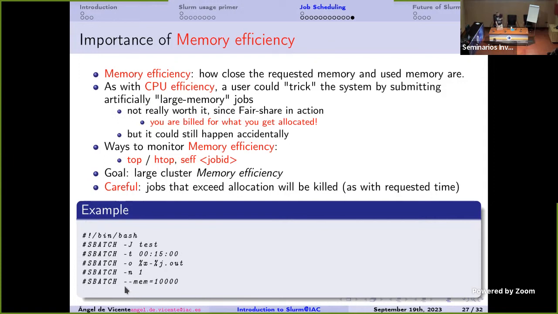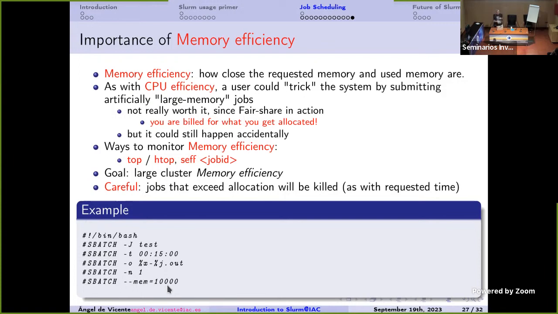But just asking for memory is very simple. In this case, for example, the only thing you have to do is to add this mem, okay? Because we're assuming we only want one CPU, for example, one Python code. But this code needs a lot of memory, so I'm asking for 10 gigabytes, okay?